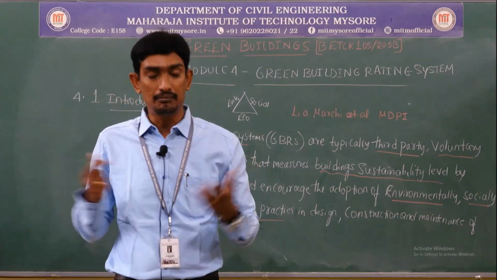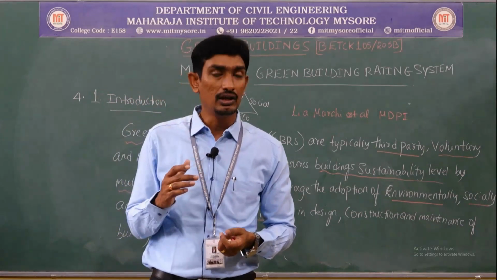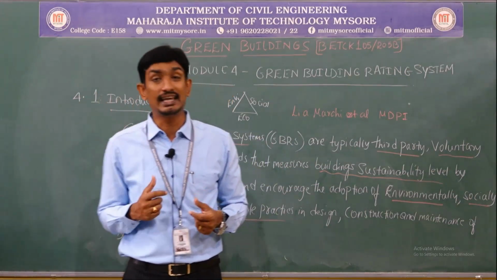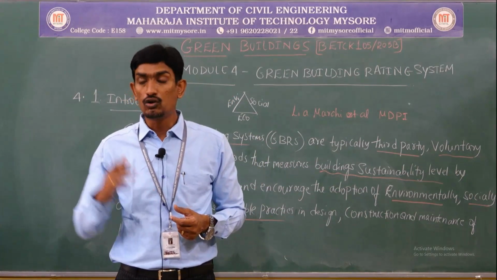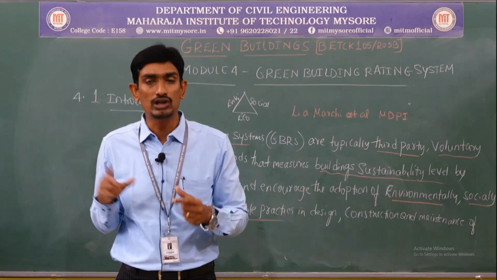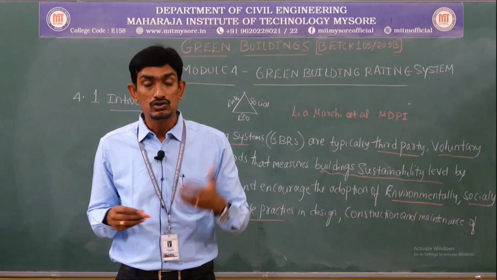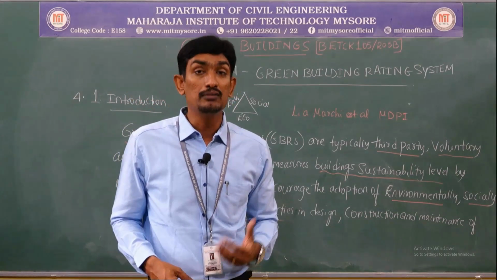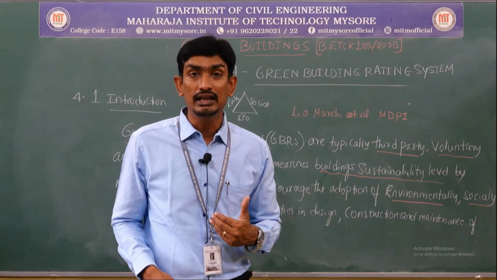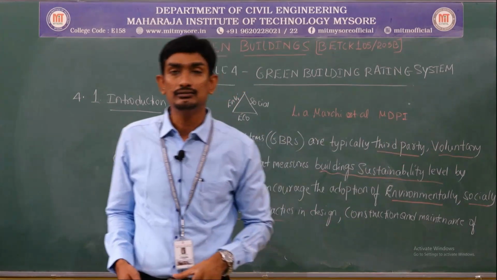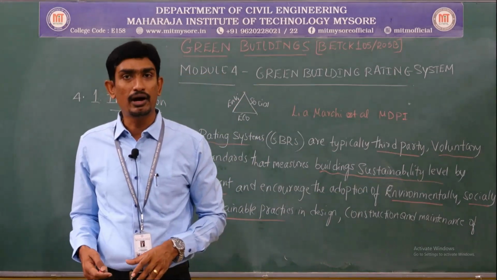Otherwise, for example, you constructed the building and you did not allow natural light and natural air to pass inside. You don't have a space, that means you have not provided proper windows. What happens? Automatically I feel suffocated inside. What am I going to do? I am going to consume energy. I am going to switch on the fan. I am going to switch on the light. Did you get my point?